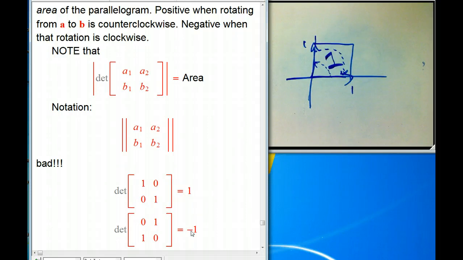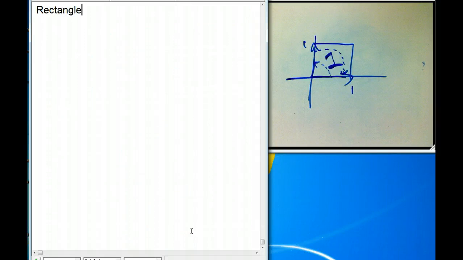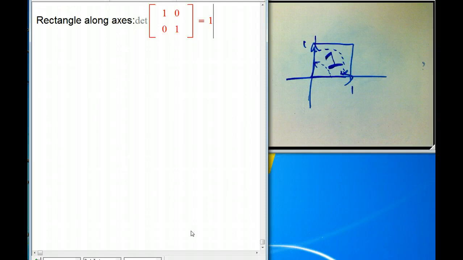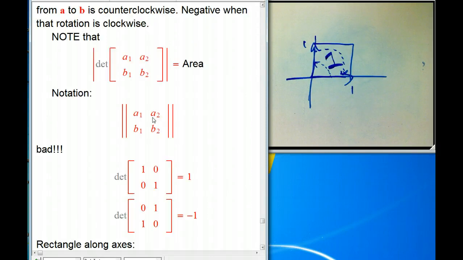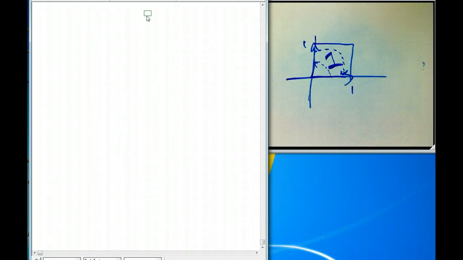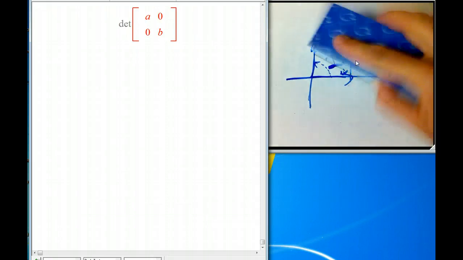For a rectangle along the axes, let's look at the determinant of that. Well, let's say that's like A and B. So let's do that here. If this were, let's stretch it out.